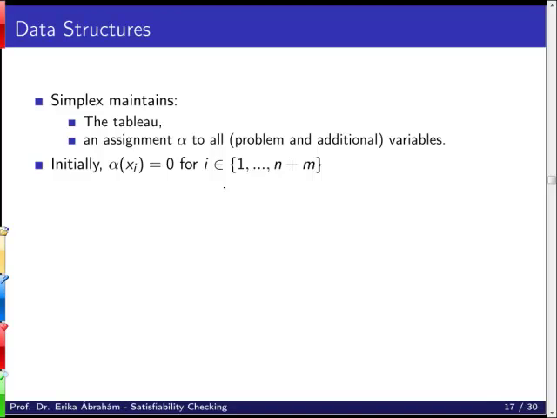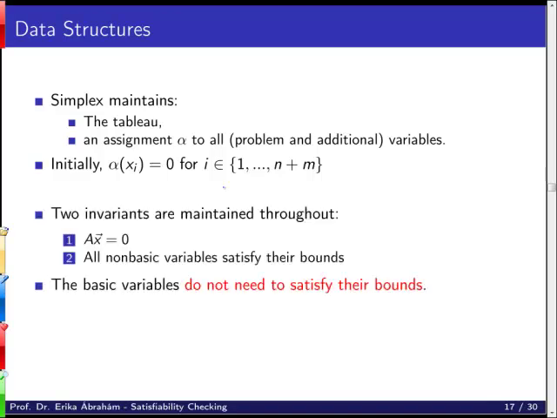So we have this tableau, and we start with an assignment that assigns a value to each of the variables. Initially these values are 0 for all original variables and also the slack variables, the additional variables. And we will modify this tableau, but we will maintain two invariants. First, the equation holds all the time.